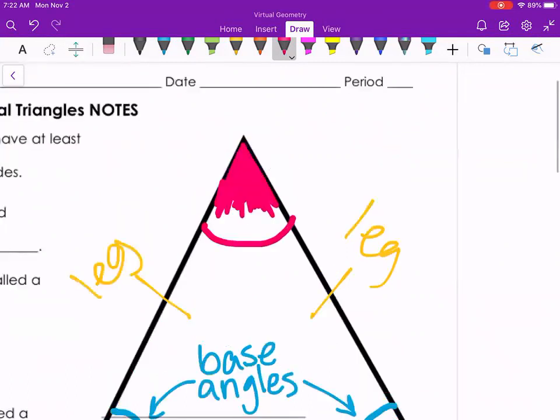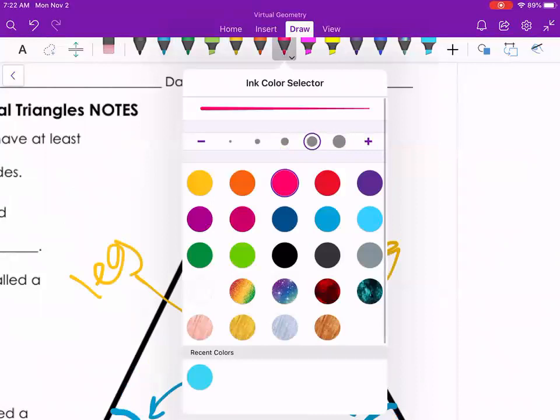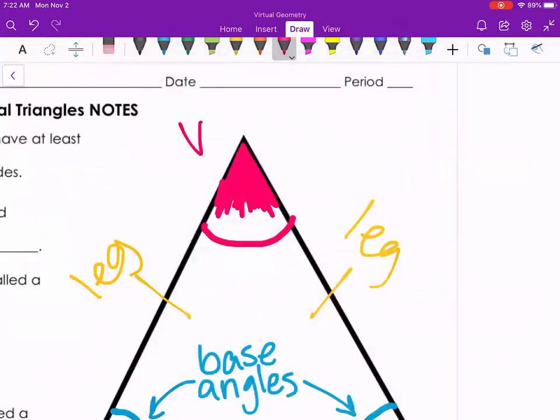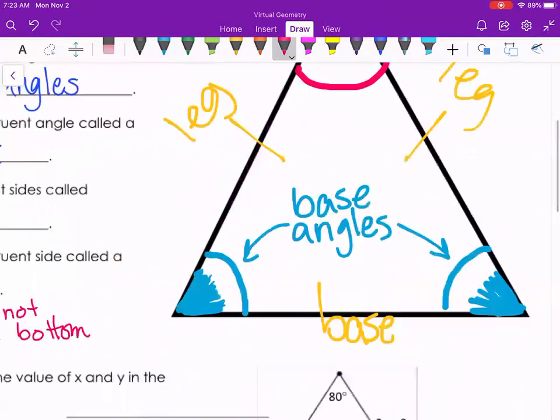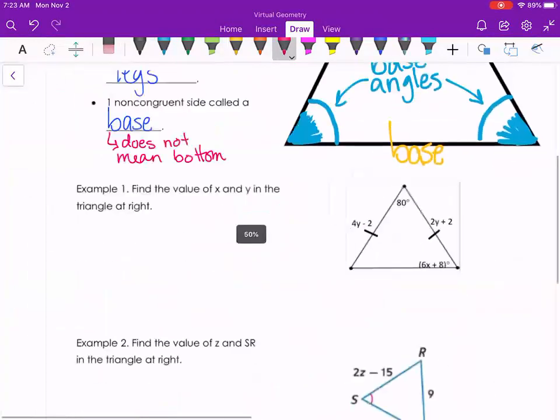In this case, that is the angle across from the base. That is your one vertex. Your vertex is where the two legs are coming together. That's the included angle of your legs, called our vertex. So let's see what all of this means when we start using our different properties.